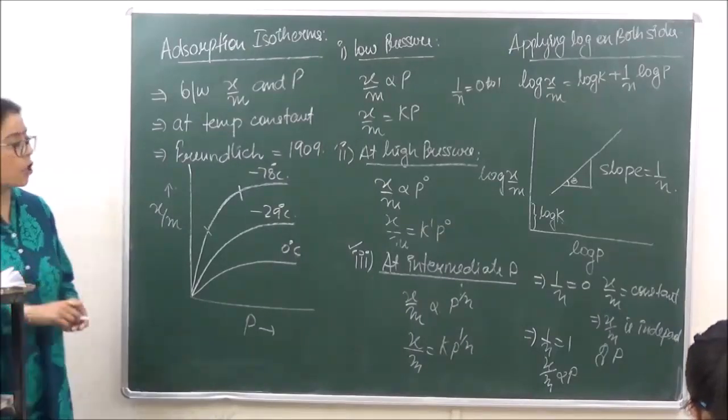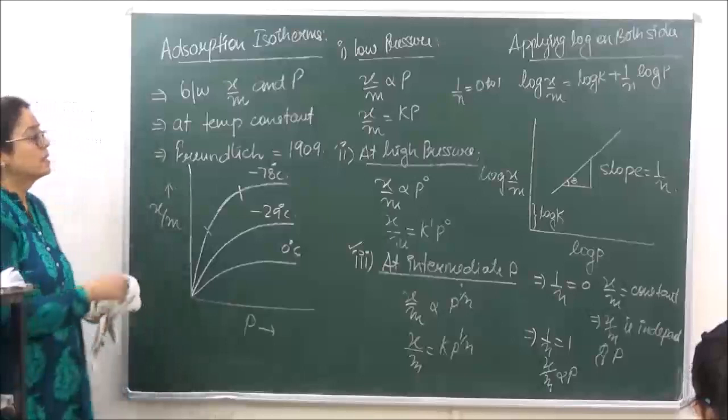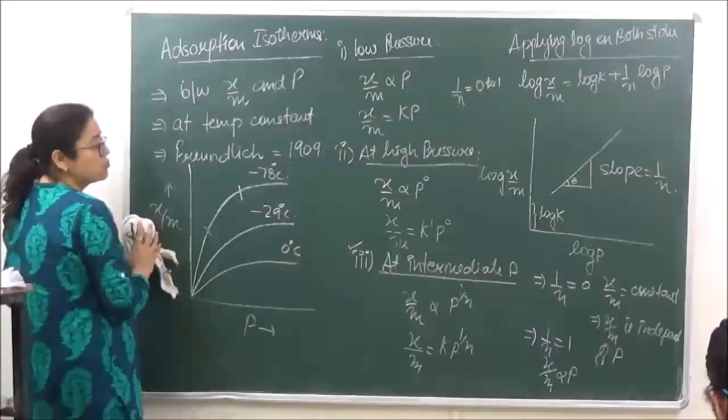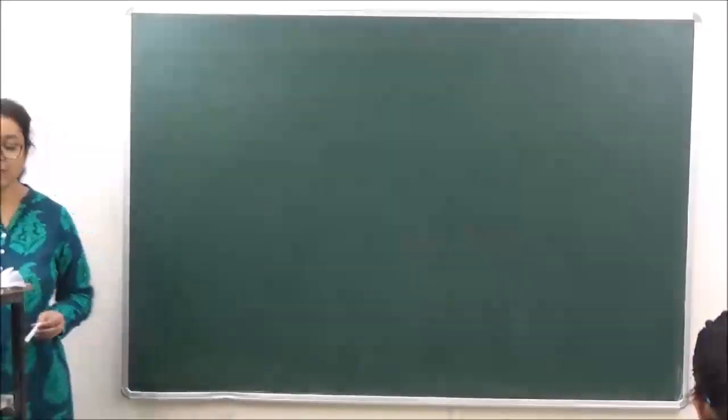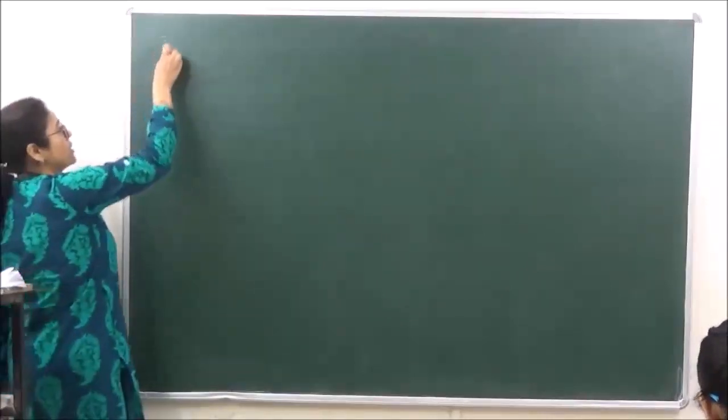Now what are the drawbacks of this graph which we have done over here? What are the drawbacks of the Freundlich adsorption isotherm?